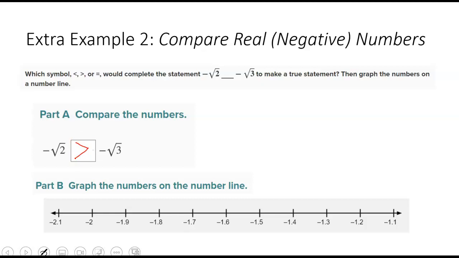And the negative square root of 2 is negative 1.4, and the negative square root of 3 is negative 1.7. So negative 1.4 is here, negative 1.7 is here, so you can see that negative square root of 2 is bigger than negative square root of 3.